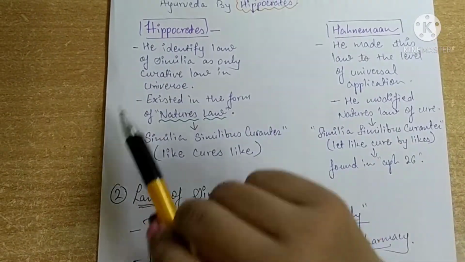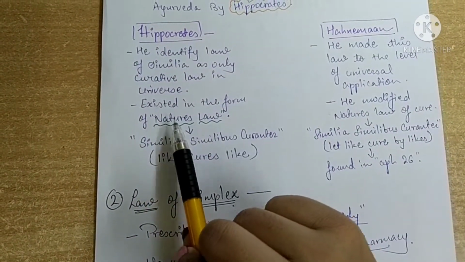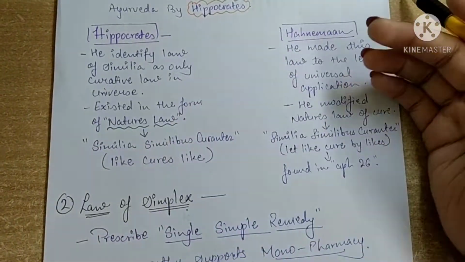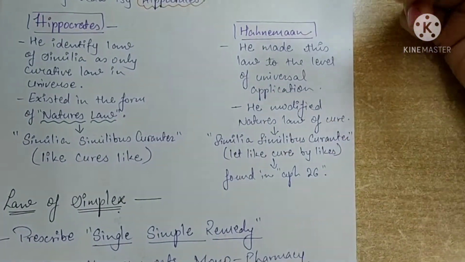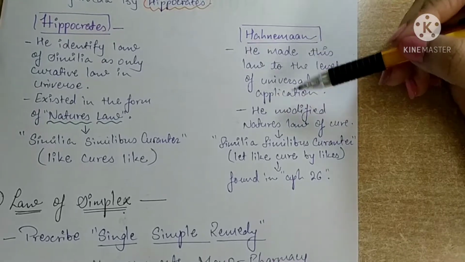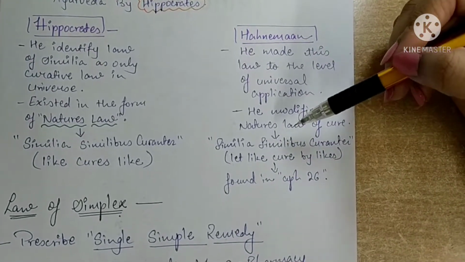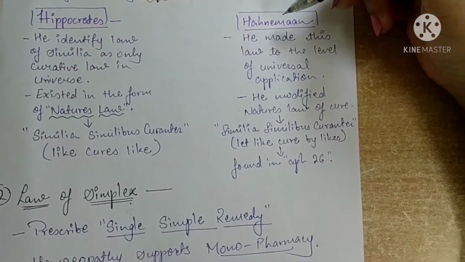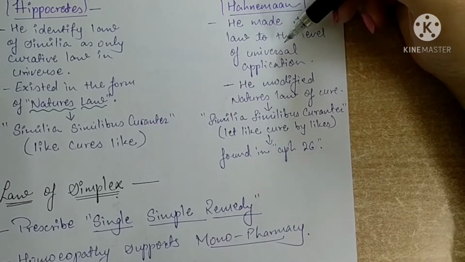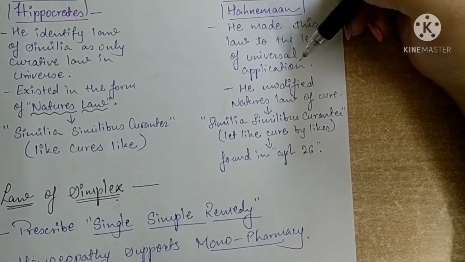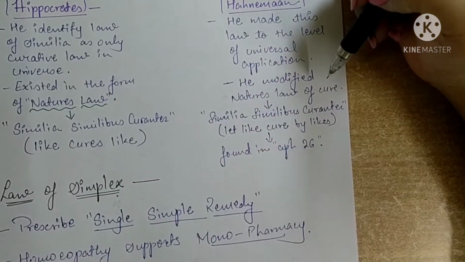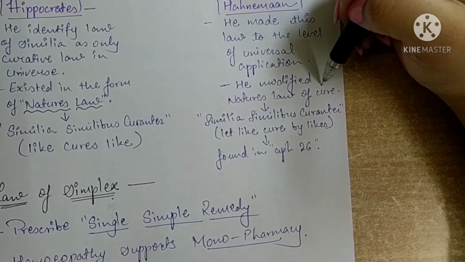Taking inspiration from this nature's law, Hahnemann modified it and made it into a practical, usable method. Hahnemann said that this is the universal law of application, also nature's law of cure.